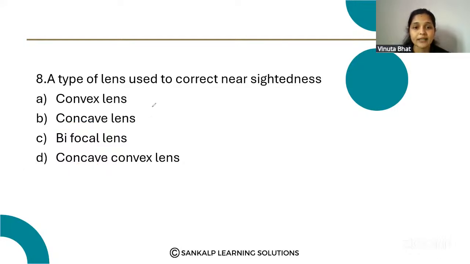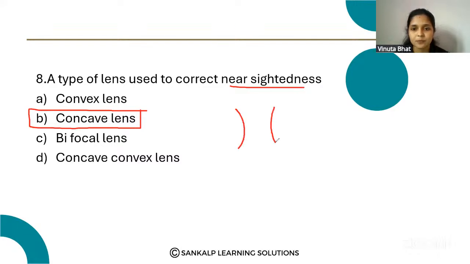A type of lens used to correct nearsightedness, where the image is formed just in front of the retina. So here, which type of lens is used? That is the concave lens. So you can see the lenses like this. That is the concave lens.